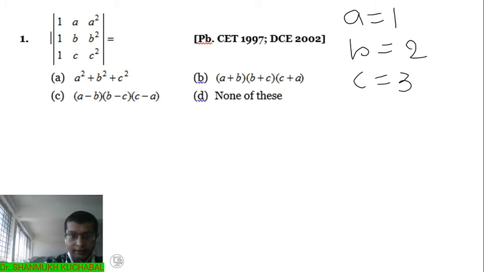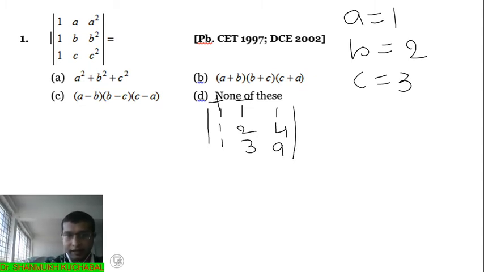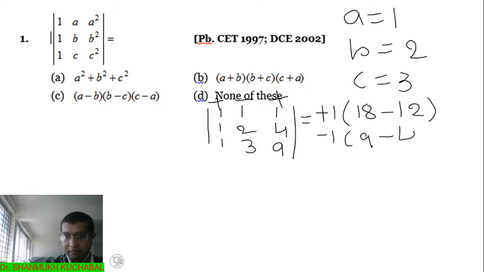Then we'll substitute here 1 1 1, 1 2 3 and a square, 1 square, 2 square, 4, 3 square, 9. We assign signs, plus minus plus, so plus 1 outside, 18 minus 4 3s are 12, then minus 1 outside, then 9 minus 4, then plus 1 outside, 3 minus 2.